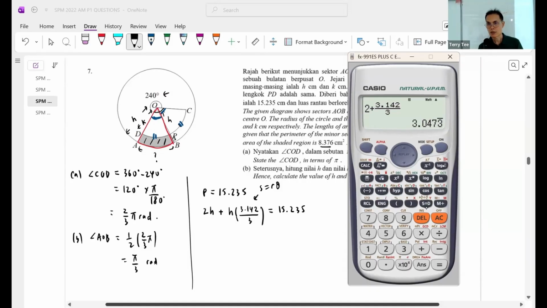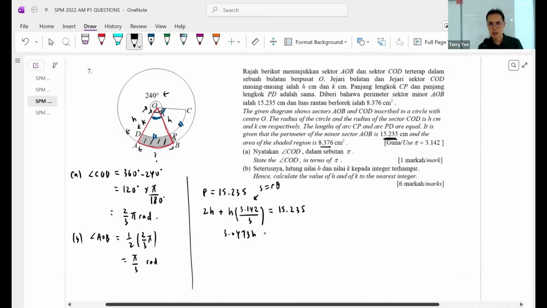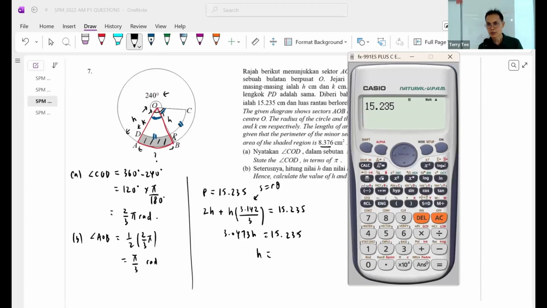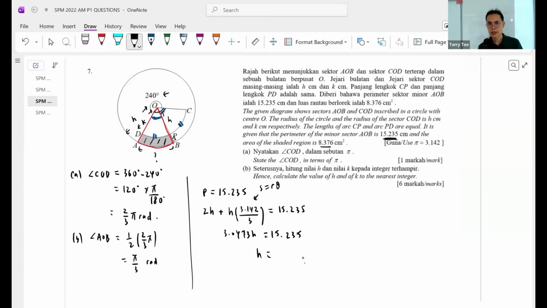I got this, a long decimal, 3.0473. 3.0473H equals 15.235. What's your H? Take 15.235 divide by this answer. H is 4.999. What do you take? You take 5, yeah?